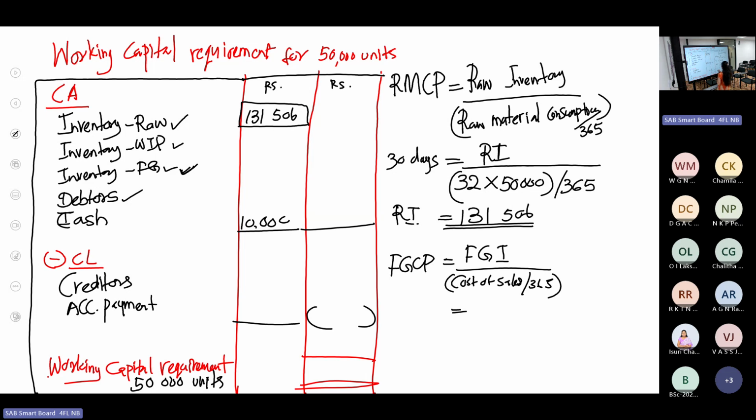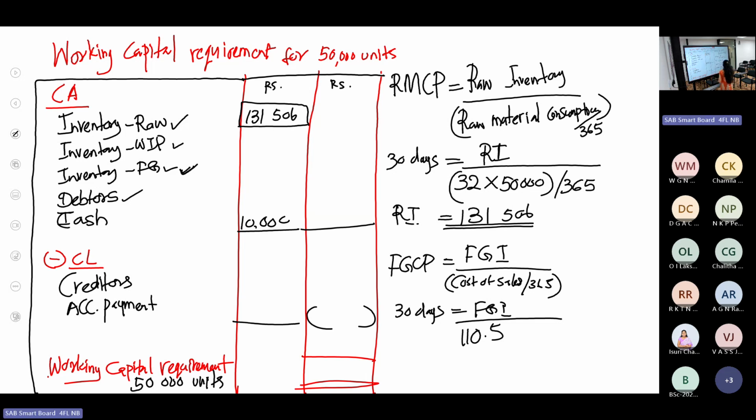Finished good conversion period again is 30 days. FGI we don't know, cost of sales we don't know. Now you have to find the cost of sales. Cost of sales, how much is it? Exactly, 110.5.